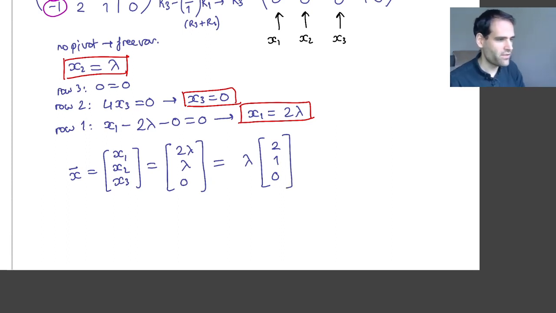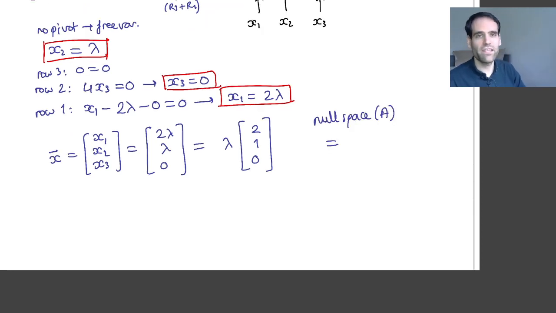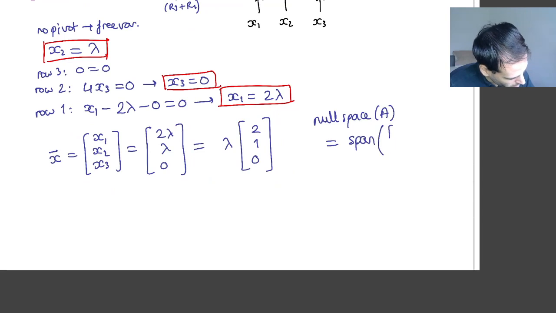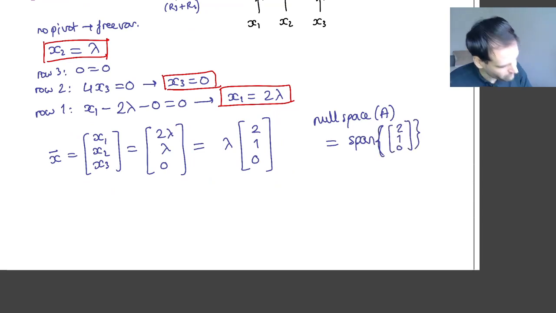And this is indeed our null space. Okay, so we could say that the null space of A is this line, which we can either write as lambda times the vector, or we can say it's the span of this single vector, 2, 1, 0. So that's the null space.